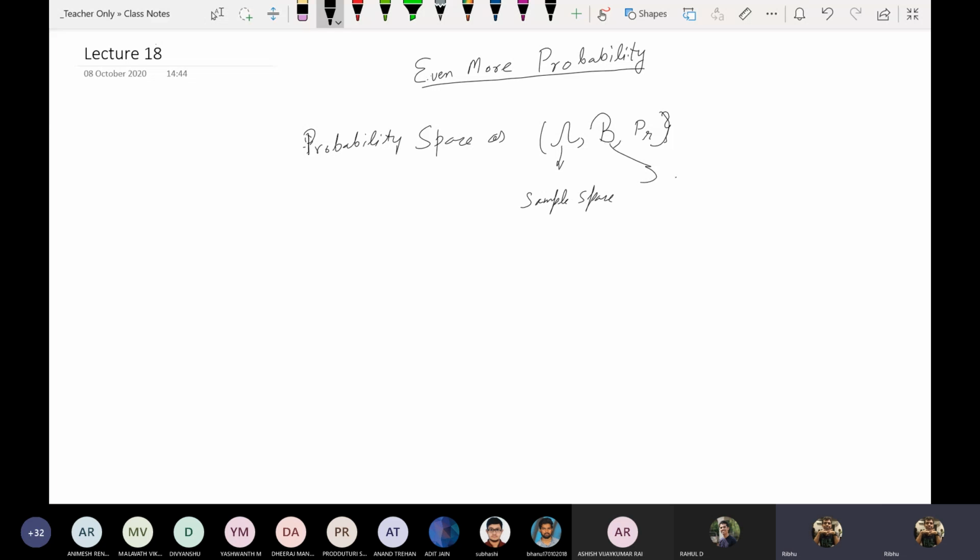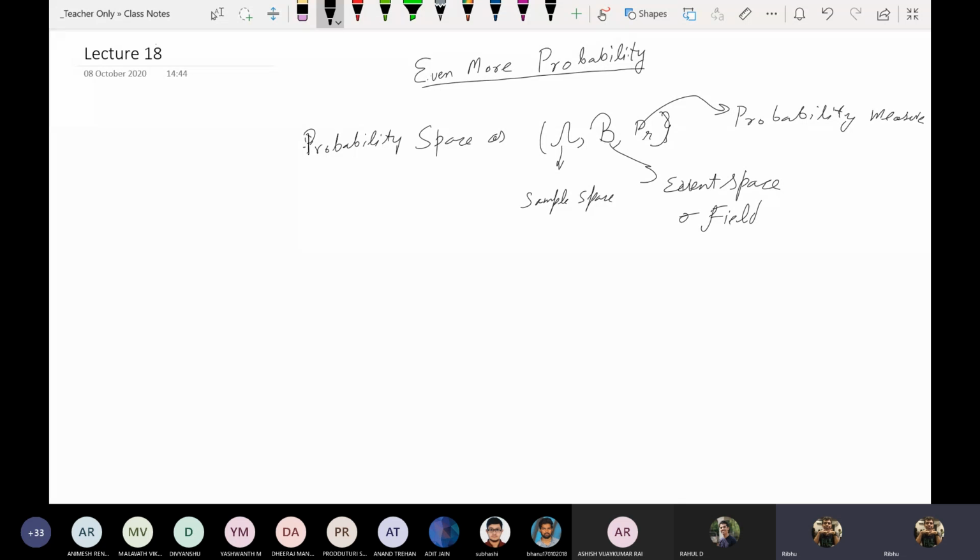This is called the event space or the sigma field. This is called the probability measure. Fine.